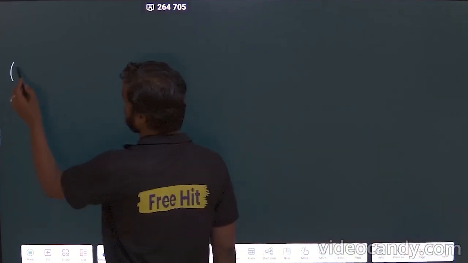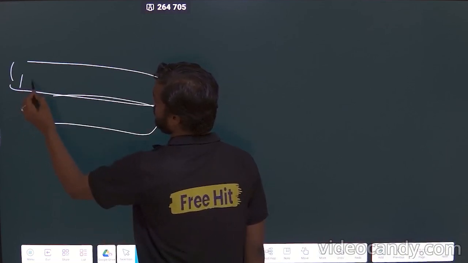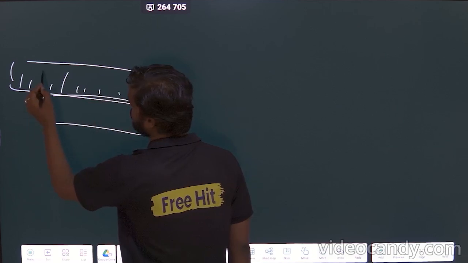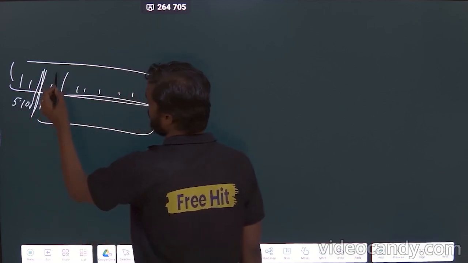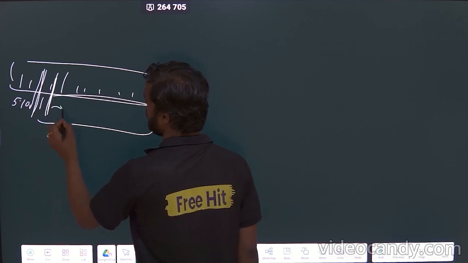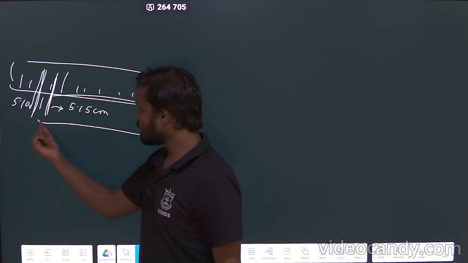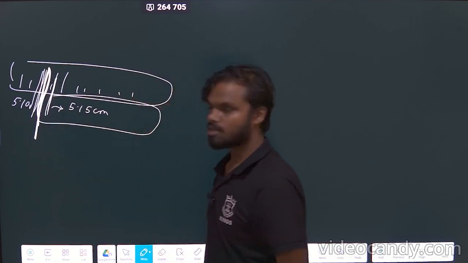See, this is my main scale and this is my vernier scale, correct? There are the divisions on the main scale, and suppose this division is 5.10 centimeter and this division is my 5.15 centimeter, correct? And my vernier scale is between these two divisions, yes or no?